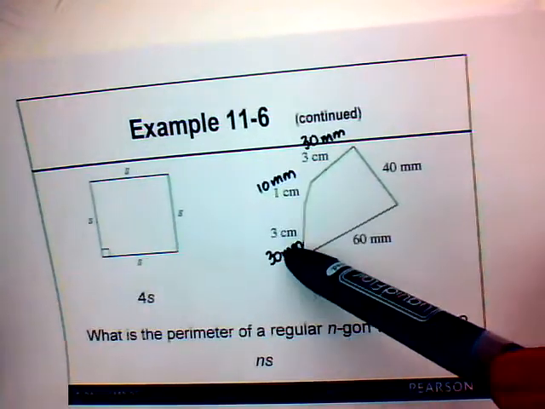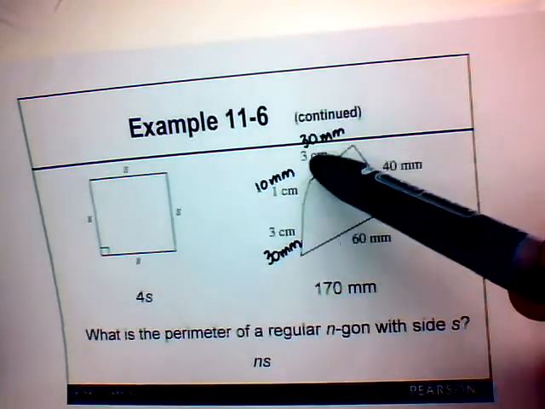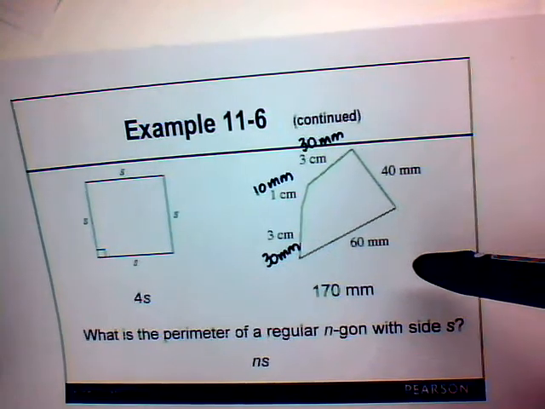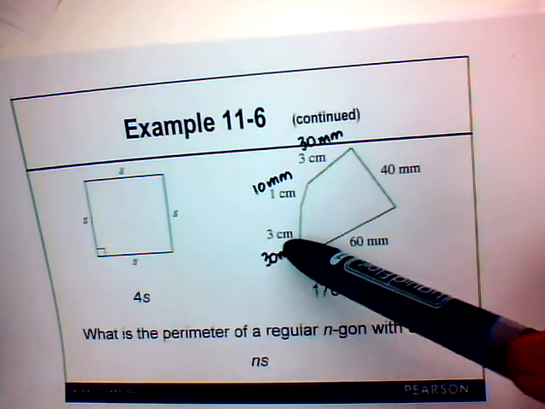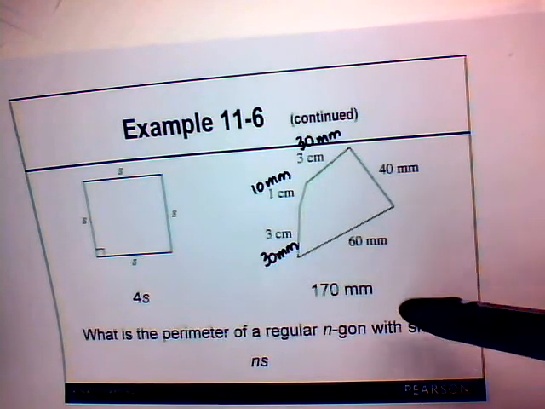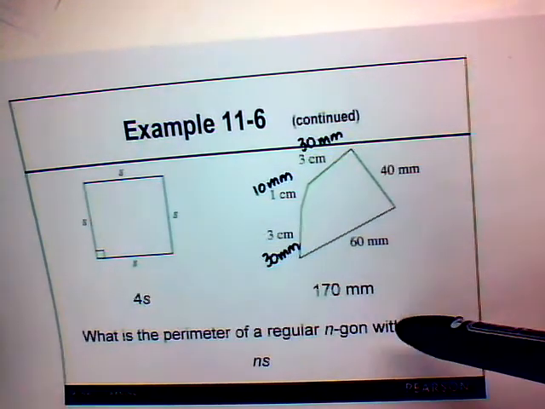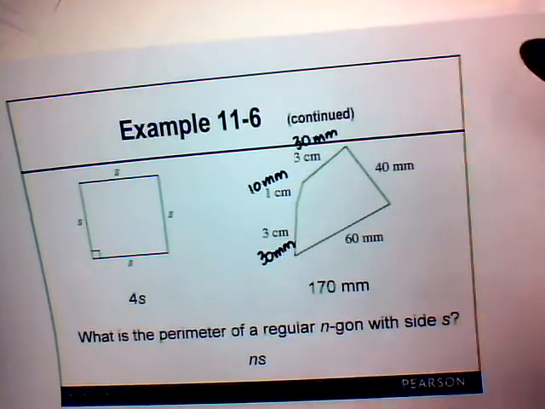You want to make sure that all of your units are exactly the same before you go ahead and add the lengths of all those sides. So add 30 plus 10 plus 30, that's going to give you 70, plus 60 is 130, plus 40 is 170 millimeters. Okay, so the perimeter of this figure is 170 millimeters.